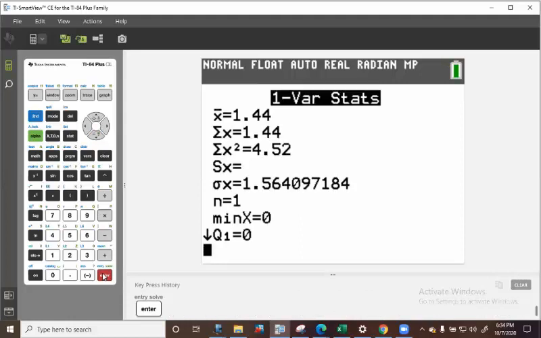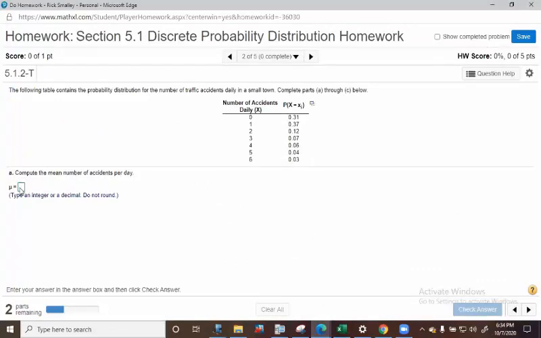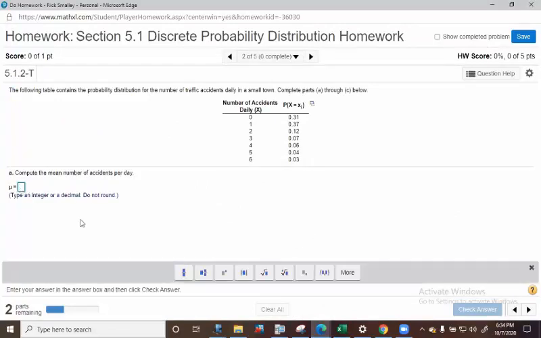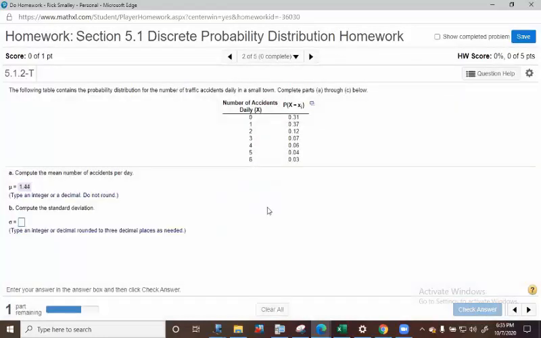All right, I see a mean right there. 1.44. Let's give that a whirl. $1.44. How about an early excellent here? Give me an excellent. Nice work. I'll take it. Look at that. Standard deviation.